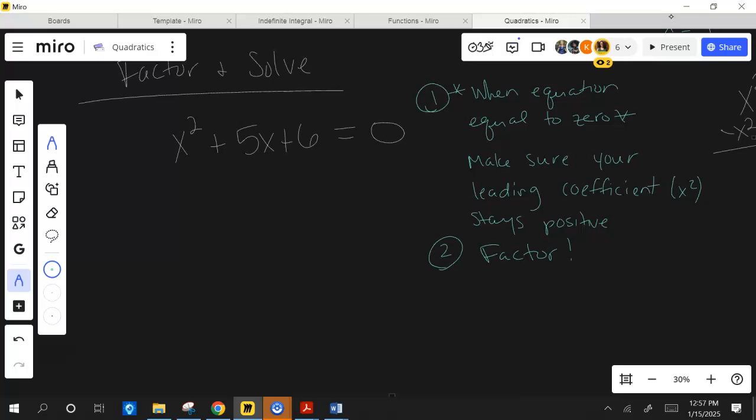All right. Get it factored? It's 2 times 3. Okay, go ahead. Keep going. Okay, where are we lost?